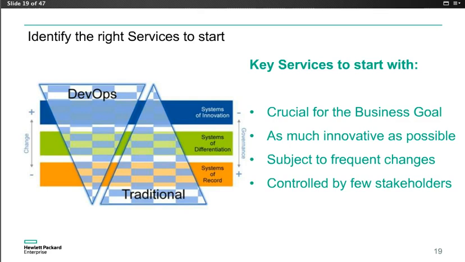For example, a web application, something that is frequently in interaction with external customers, rather than trying to implement DevOps on a system of record, like some backends and systems that support the system of innovation.